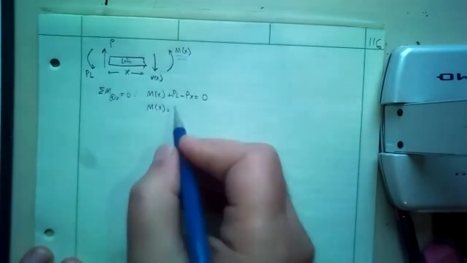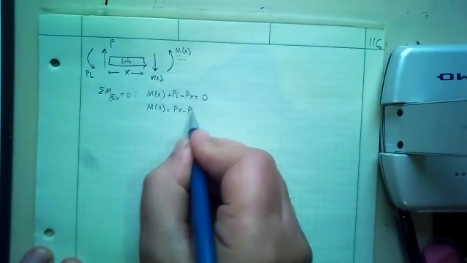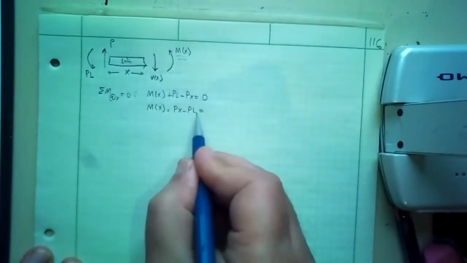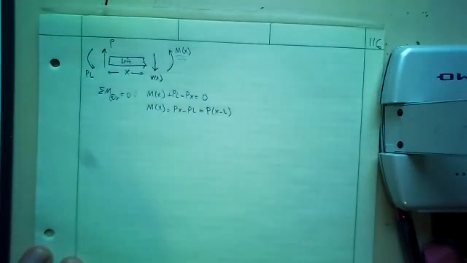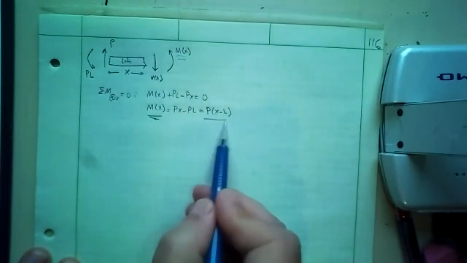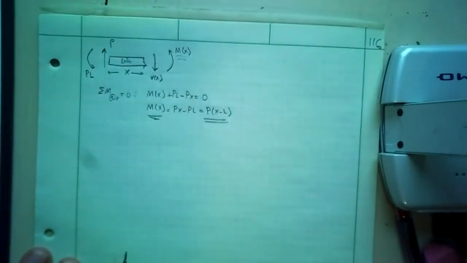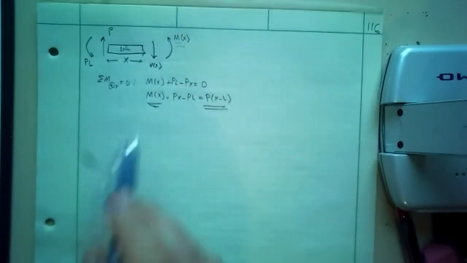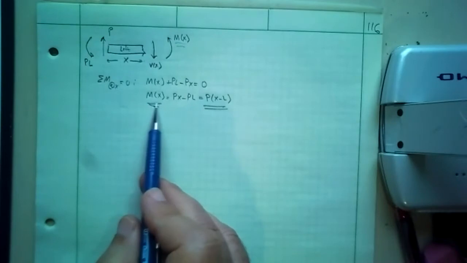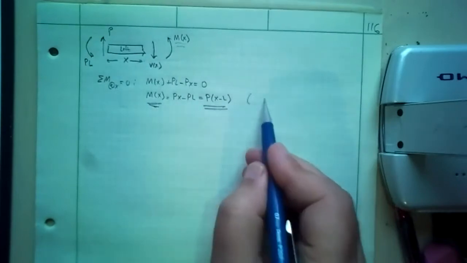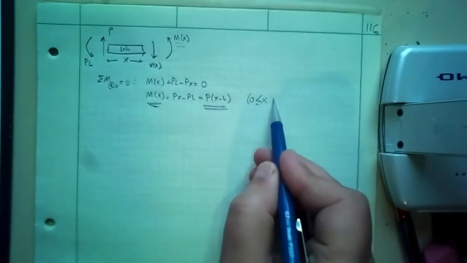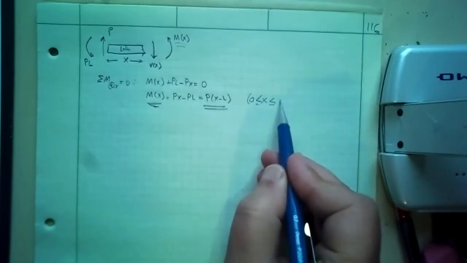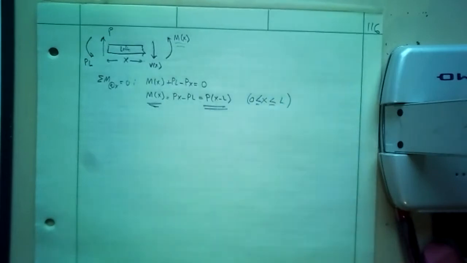Moment at x: Px minus PL. And I can factor out P, x minus L. So this is moment as a function of length, anywhere along the length. I only have one load at the free end. So this describes the moment anywhere along the length from x equal to 0 to L. That's the equation.